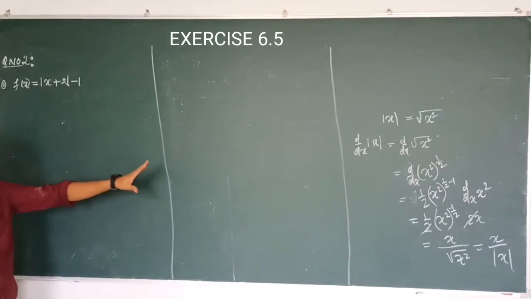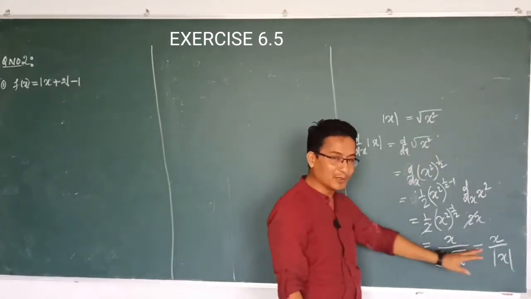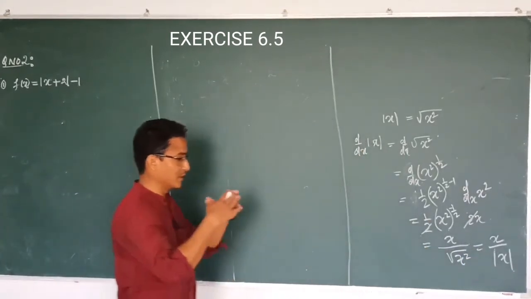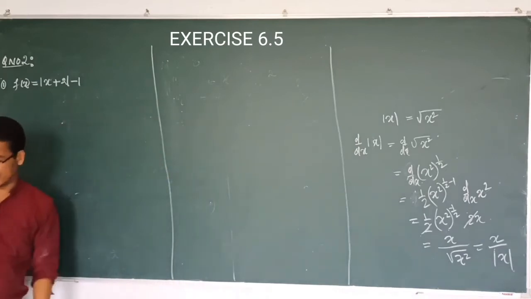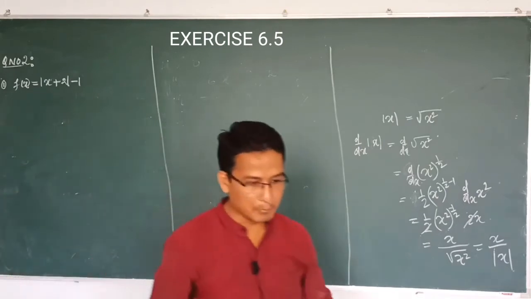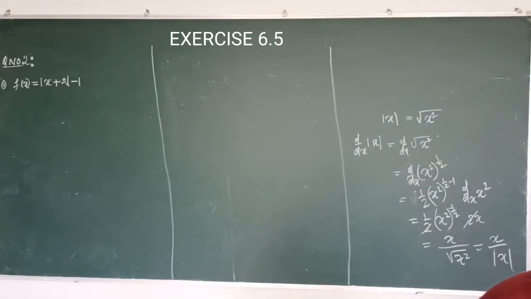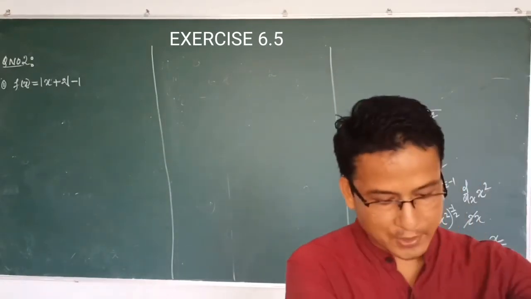So we differentiate forcefully in this way, but we know that at the sharp point d by dx is not possible. So here we apply some technique to find the maximum and the minimum value. Let's see how we solve.